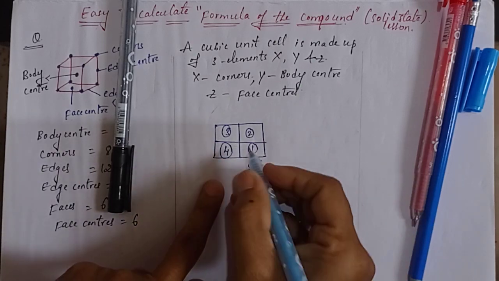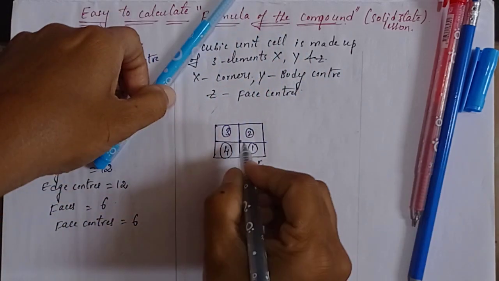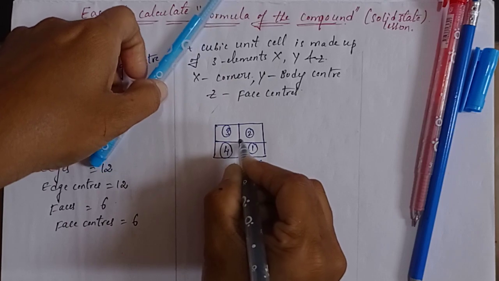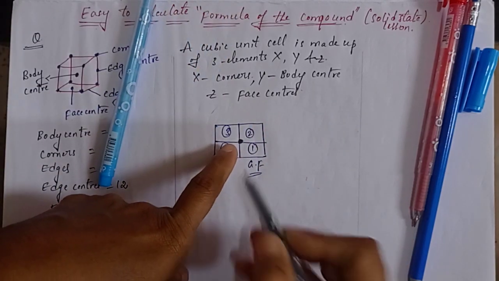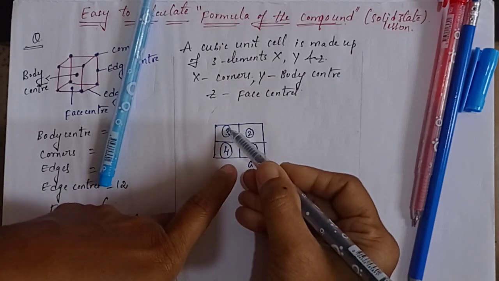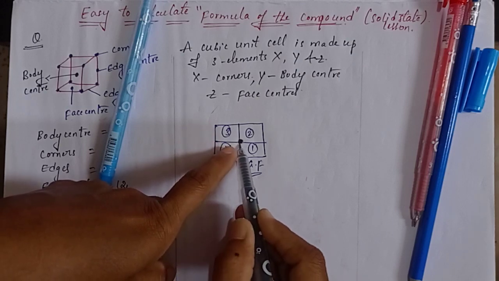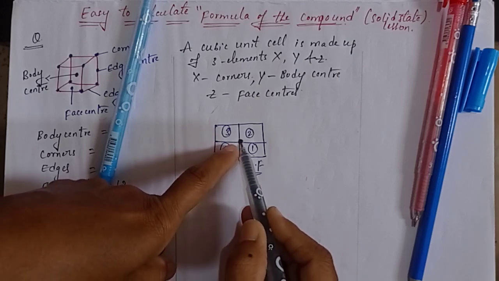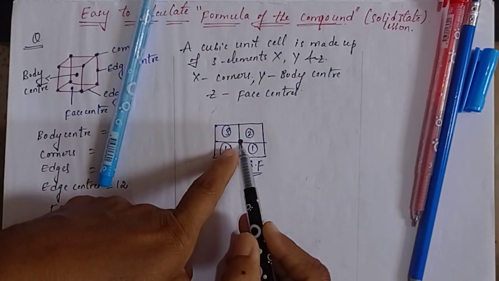Okay, first room. Suppose this is the corner particle, correct? Now this corner particle, how many rooms is it sharing with, students? It is sharing with this room and this room, correct? These 4 rooms are touching this point. And the 4 rooms above also touch this particle, correct or not?